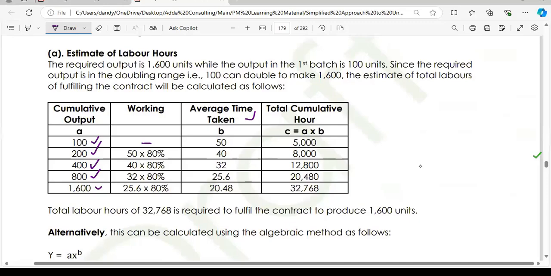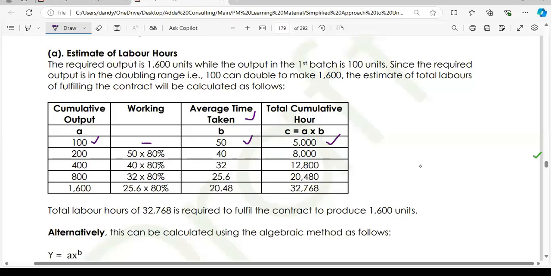So this first output of 100 units was produced at an average time of 50 hours. To get the total cumulative hours, I multiply 100 by 50, which gives me 5,000. I will move to the next one.